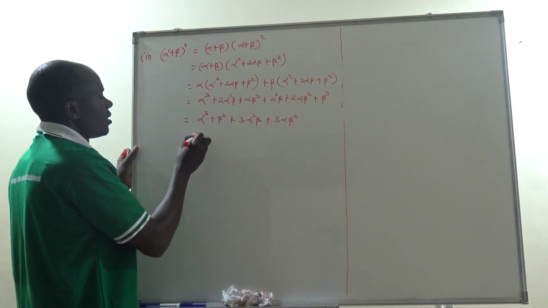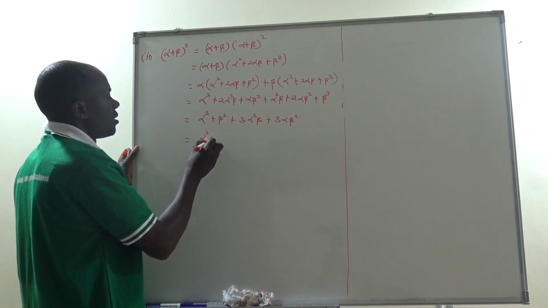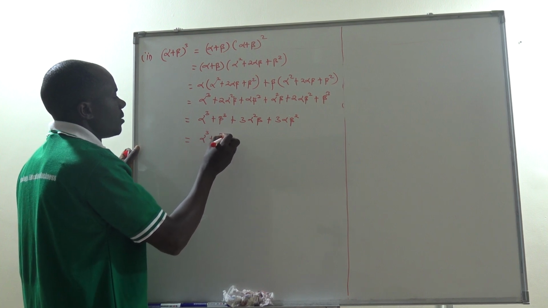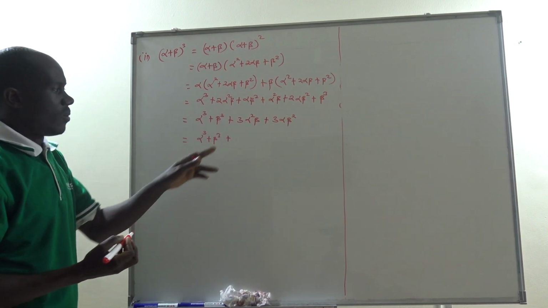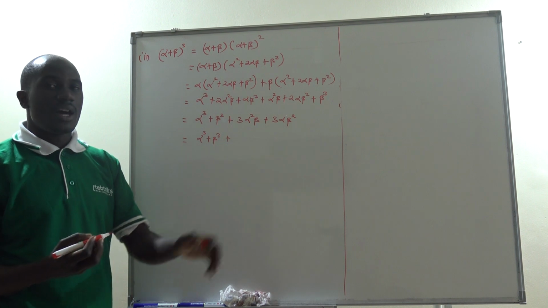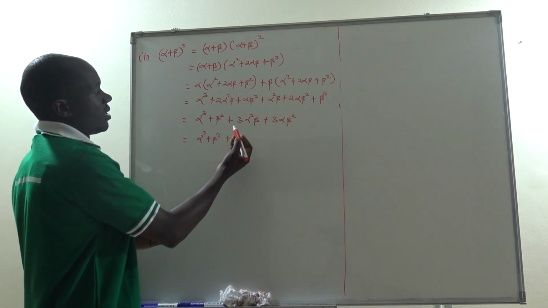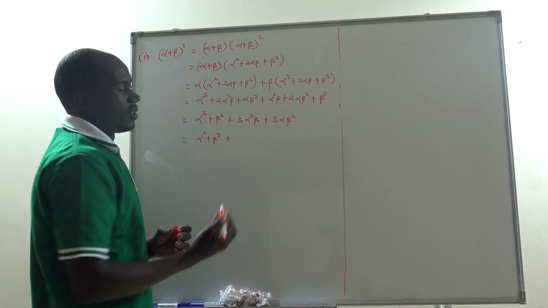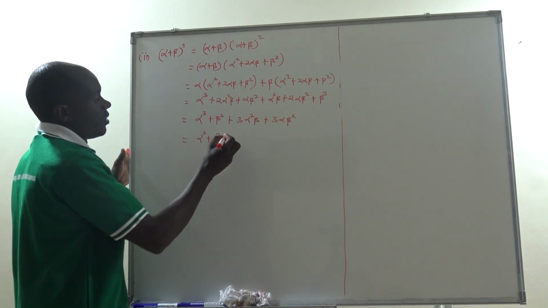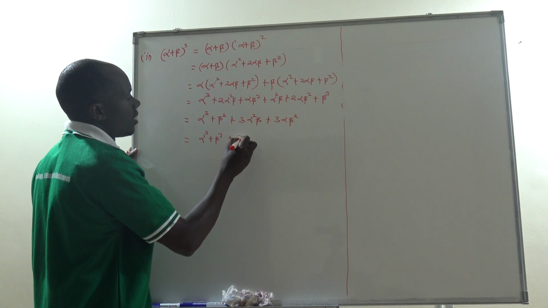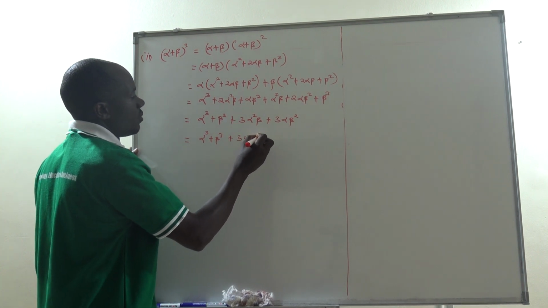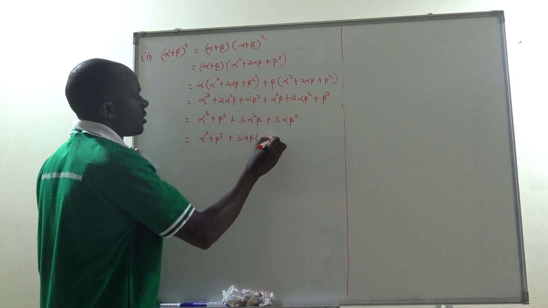So go on, this is alpha cubed plus beta cubed plus, what is common here? What are you seeing there? And there the issue of factorization. So you can see 3 alpha beta is common. So we can factorize out 3 alpha beta. So we remain with alpha plus beta.